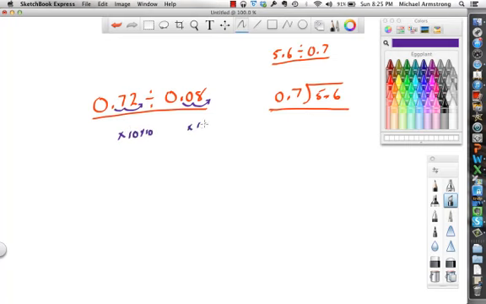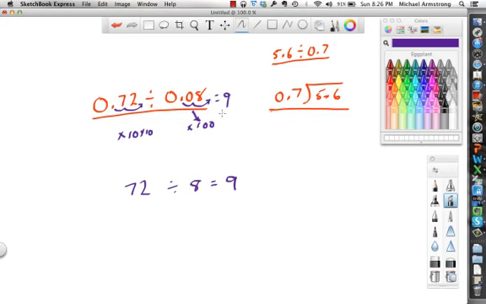So I multiply 0.08 times 100, and I get 8. I multiply 0.72 times 10 times 10, which is the same as 100. I get 72. 72 divided by 8 is an easy one. I know the answer to that. It's 9. And because 72 divided by 8 is 9, 0.72 divided by 0.08 is also 9.